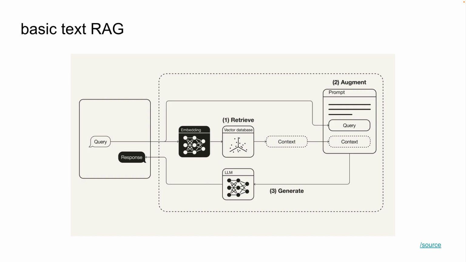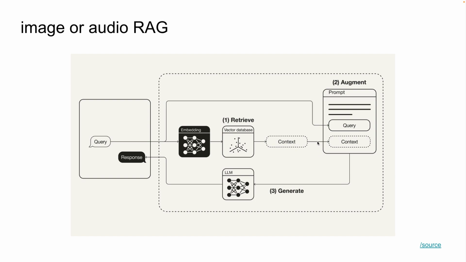You take that vector and do a similarity search between it and the vectors of the database, that is the data pool from where you're trying to generate a response. This similarity gives you the most relevant context out of this database for the given query. Then you simply pass it to the LLM, and you get a response generated by the LLM. And this is the basic text track.